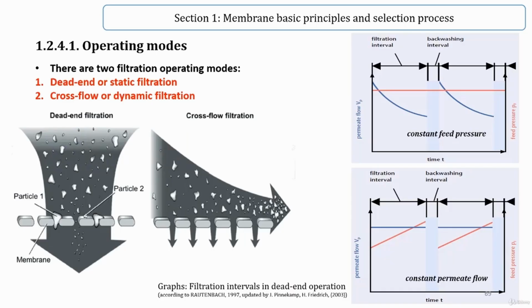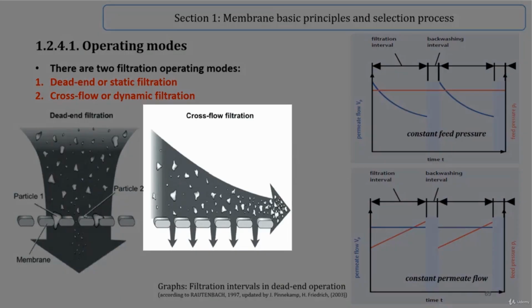The specific energy demand of the operating mode influences the economic efficiency and with this, the feasibility of the individual applications. As a rule, membrane processes are operated in cross-flow mode, also called tangential flow. In cross-flow mode, the feed is pumped parallel to the membrane surface and the permeate is withdrawn diagonally to it.